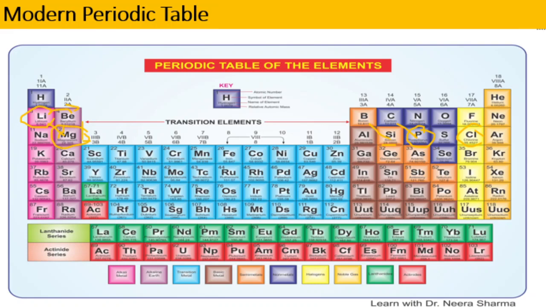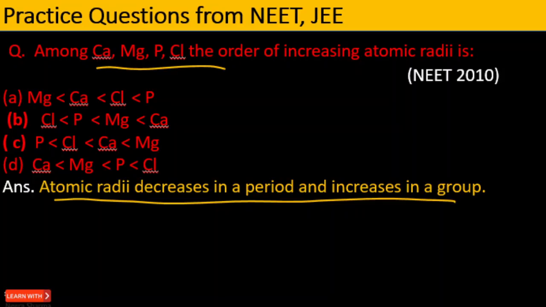And as we go down a group, the atomic size increases. So the maximum size would be that of calcium, then magnesium on the left hand side of the periodic table, then phosphorus and chlorine will have the least size. So the correct choice is B.